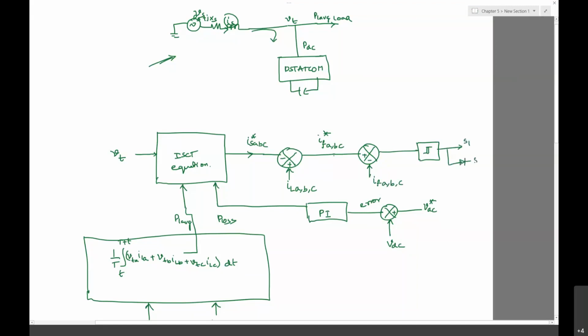This way it is able to generate the D STATCOM or filter currents IF. So this is the complete block.